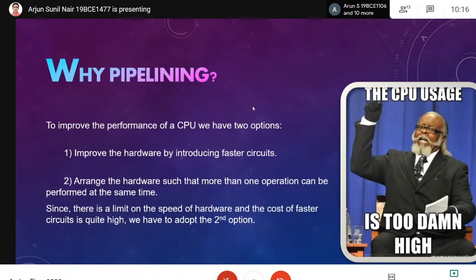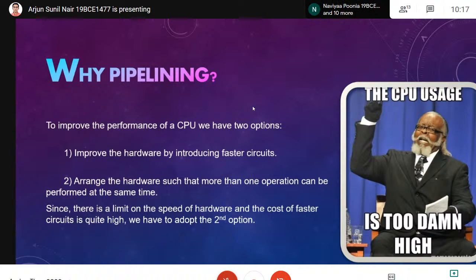That is one of the specs we always look at. So this pipelining idea came into existence so that we can increase the speed and performance of the CPU.